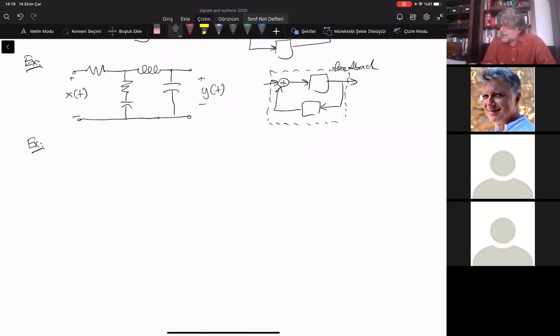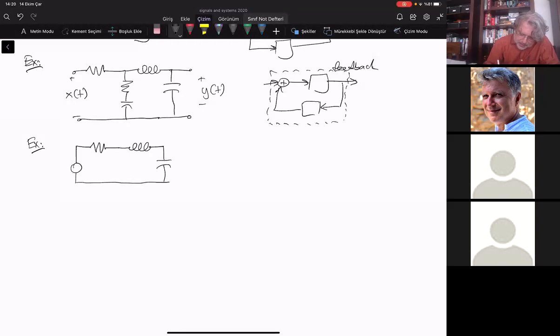The example that I will show you is a circuit example, but a simpler one. It's a simple RLC circuit, not as complicated as the one that I gave above. It consists of a single resistor, a single inductor, and a single capacitor.